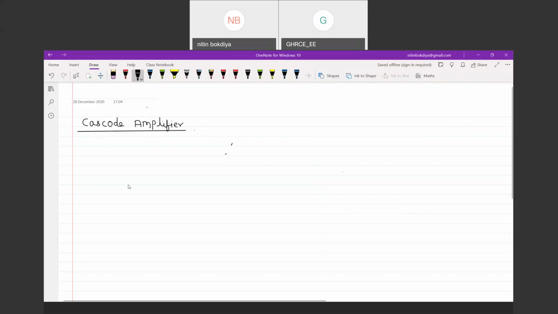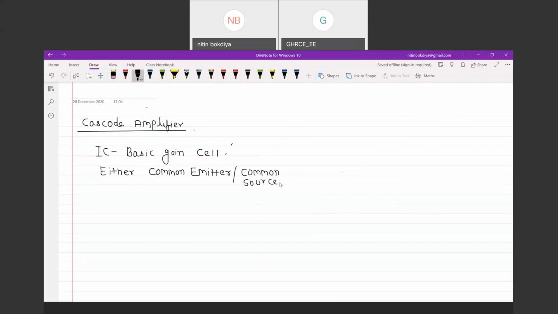The basic gain cell, when you design at the level of an IC, is either common emitter or common source.